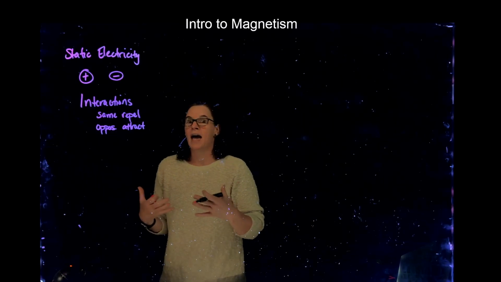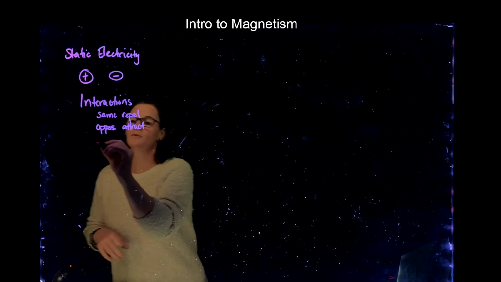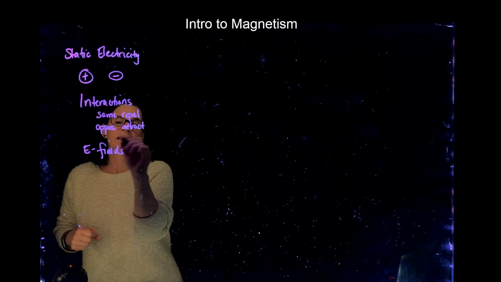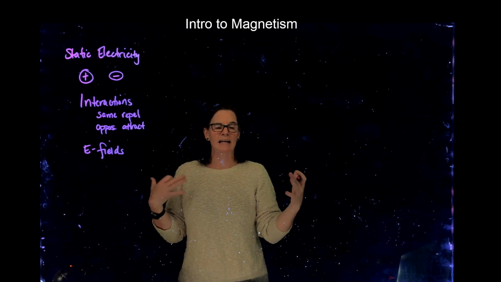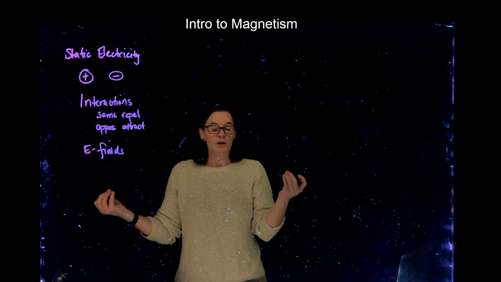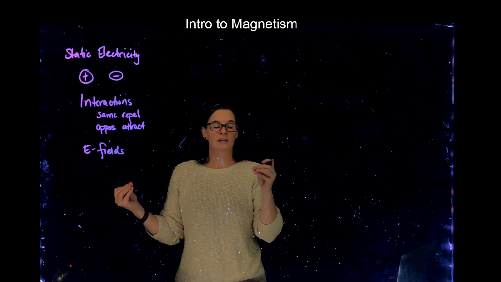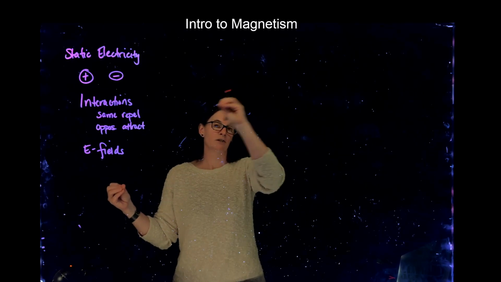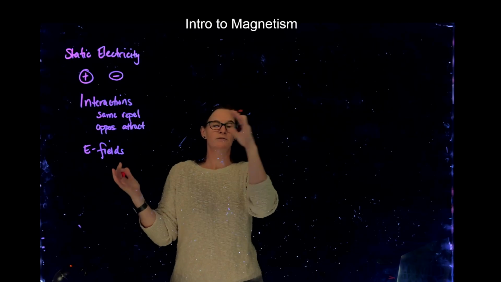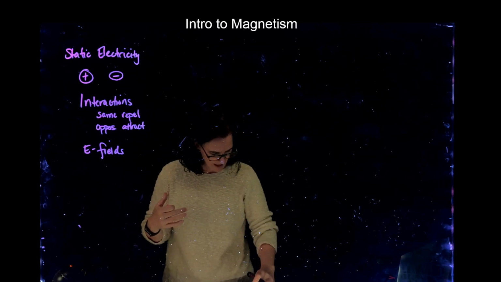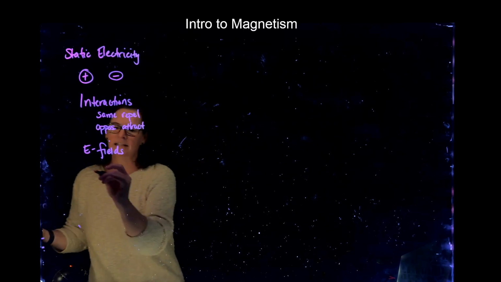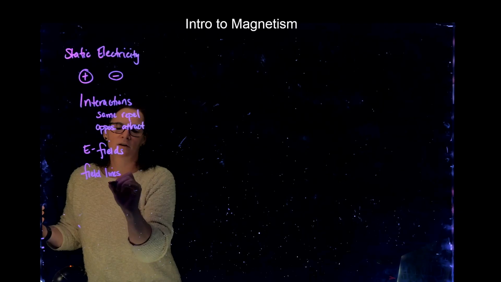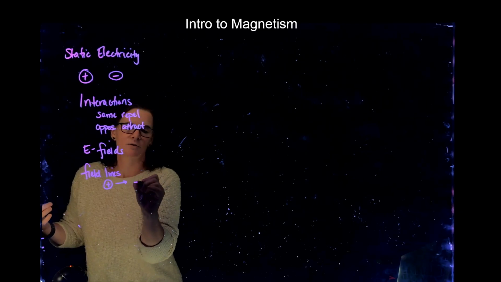We know that charged particles produce electric fields. And when we had two charged particles, the positive charge, the field went to the negative. So positives go to negatives, right? So field lines go from positive to negative.